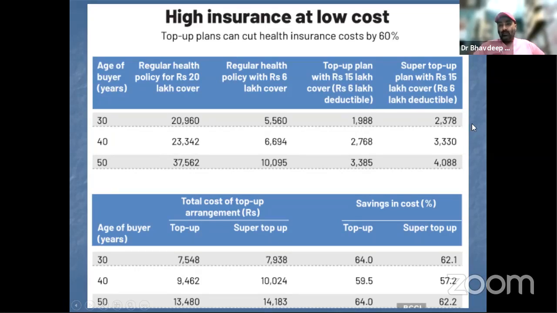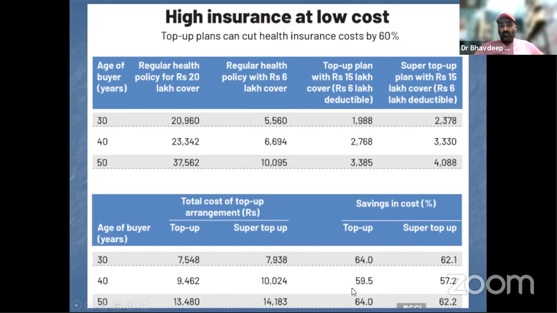Super top-up with 15 lakh cover, 2378. So if you add these, this is the way I arrived at the figure I just mentioned. Total cost of top-up arrangements at 30 years of age is 7548, adding these two, and with super top-up 5560 and 2378, adding these two, 7938.